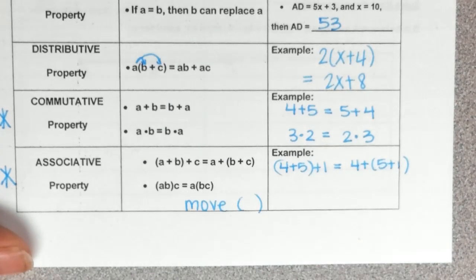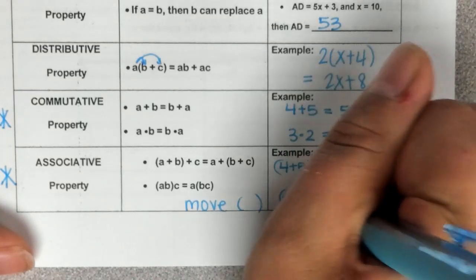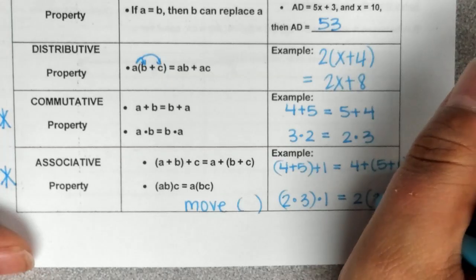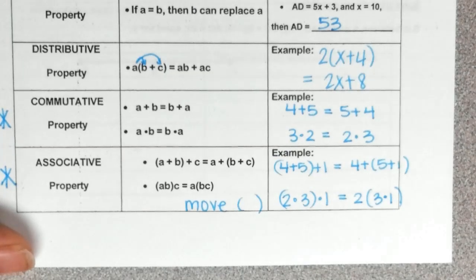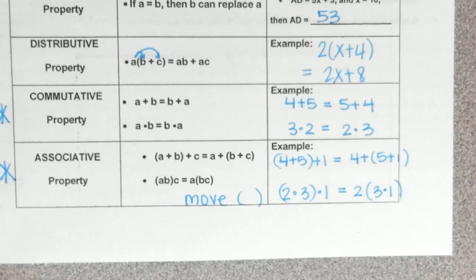They're the same. (2 times 3) times 1 is the same thing as 2 times (3 times 1). You're just moving the parentheses. Again, this will happen with addition and multiplication only. I mean, which subtraction and division fall under, but yeah.